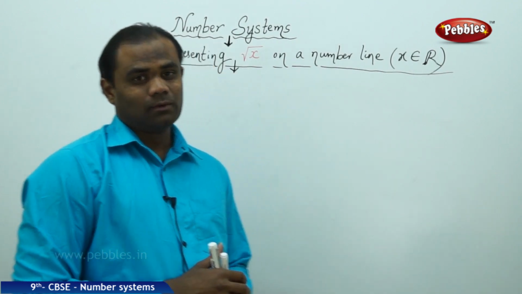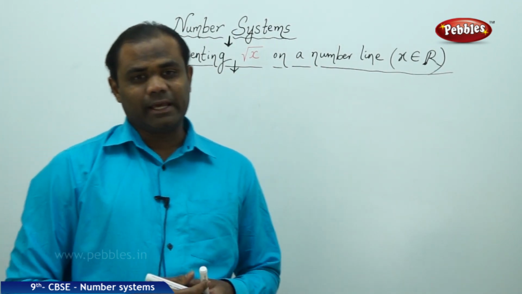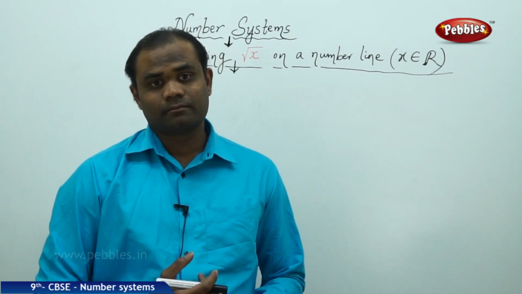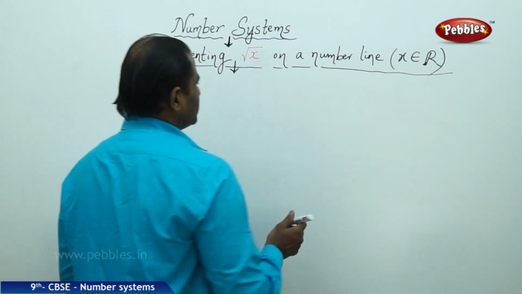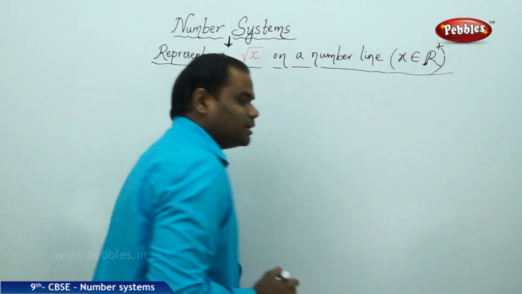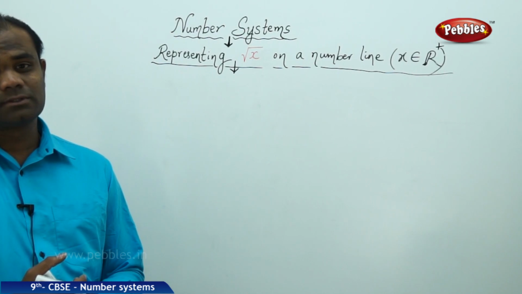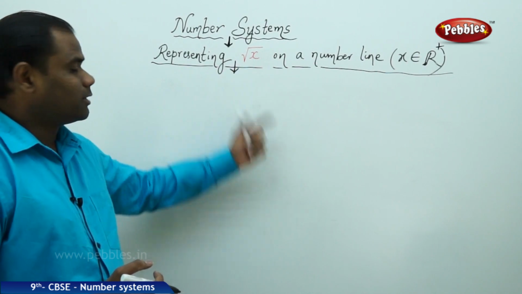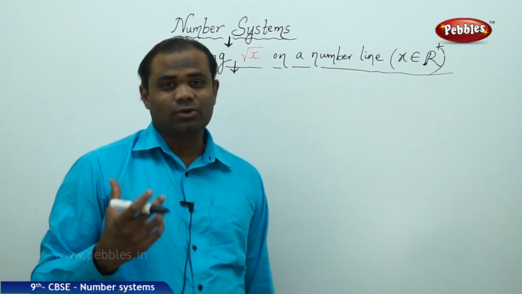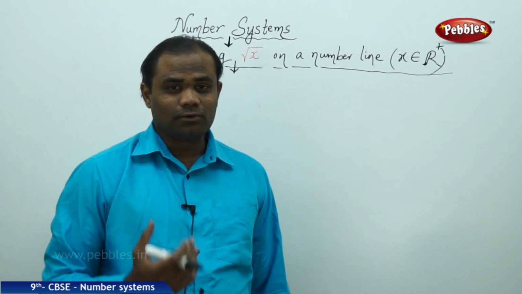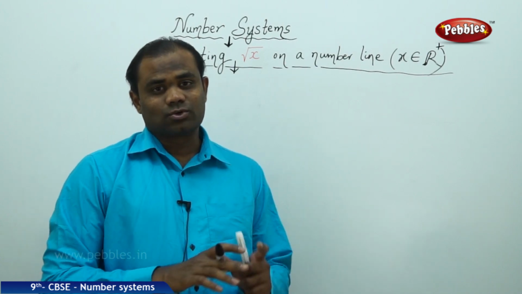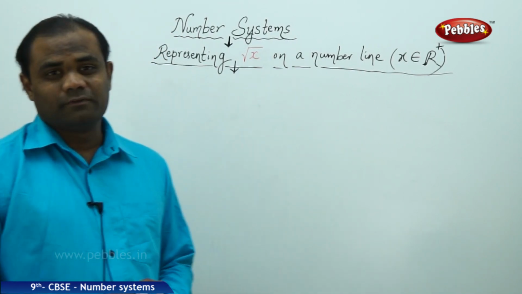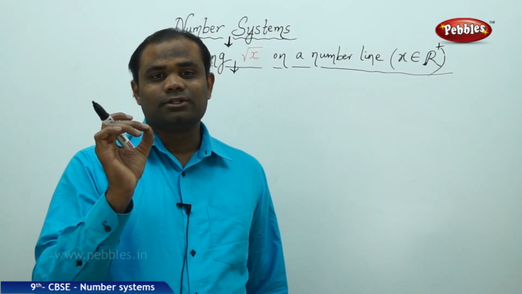Now let's see how a number root x, for any x belonging to real numbers, can be represented on a number line. So I would like to represent root x on a number line for x being a positive real number. Of course, roots are defined only for positive real numbers. In the previous session we discussed locating root 2, root 3, root 4, root 5, etc. using the square root construction of a polygon, through which we can locate only integers using the geometrical concept.